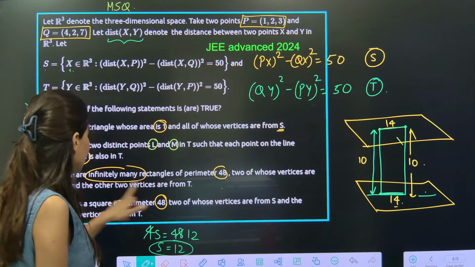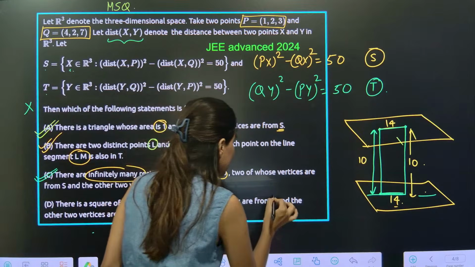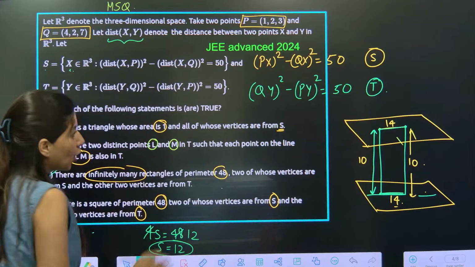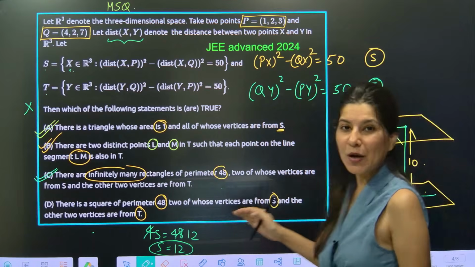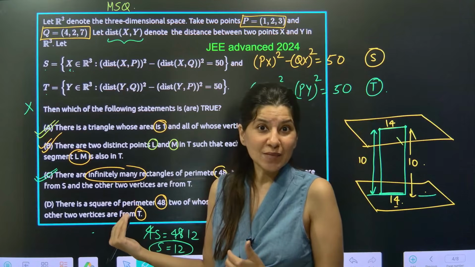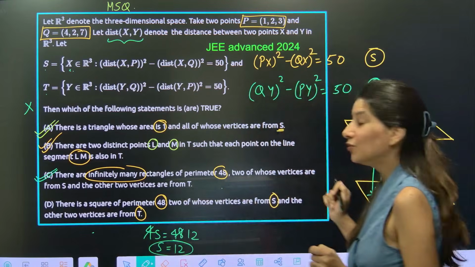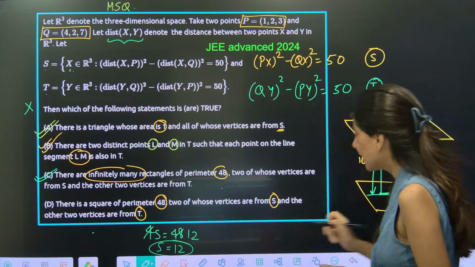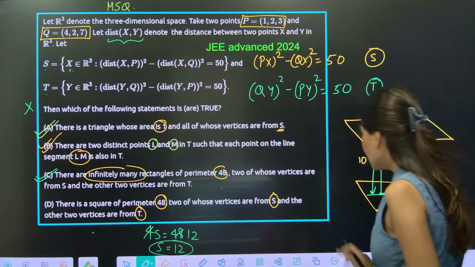You need to create a square of side 12, 2 of whose vertices are from S and the other 2 are from T. Now please understand this. This is a partial marking question, so if you don't do it carefully, then -2 can also be your gain. Okay.